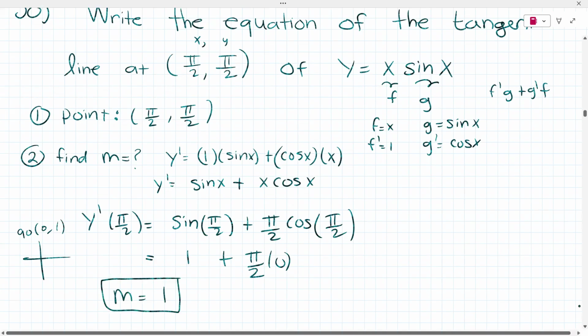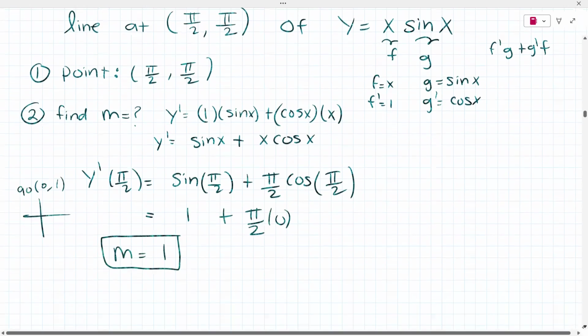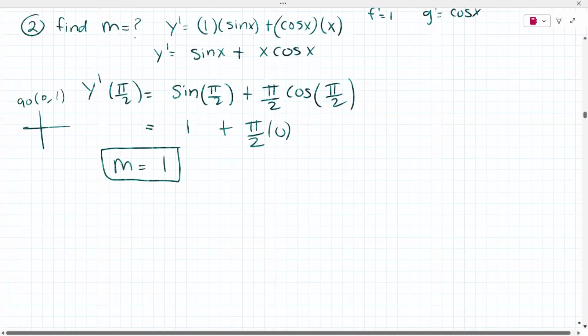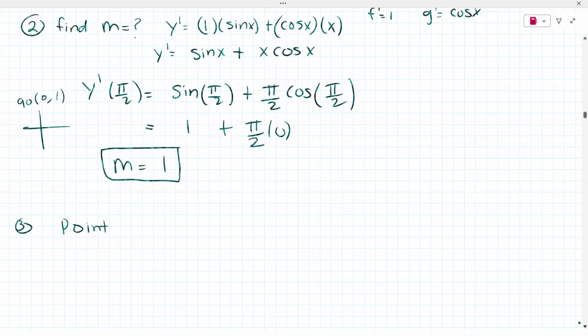Now our final answer has to be in point slope form because they said find the equation. So step 3, put it in point slope form. Point slope form is y minus y1 equals m times x minus x1. So we have everything we need.